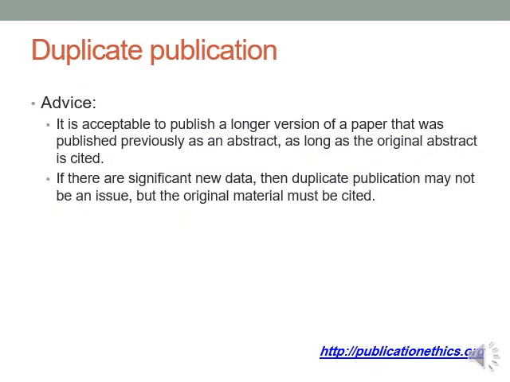And it is acceptable to publish a full version of your manuscript if it was previously published as an abstract, okay, as long as this abstract is cited. And if there are significant new data, then duplicate publication may not be an issue, but the original material must be cited.